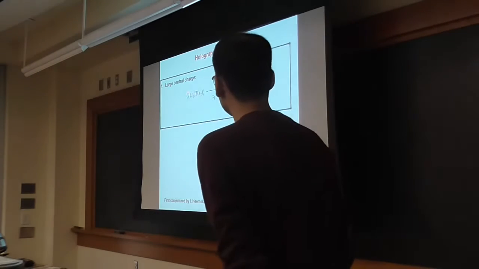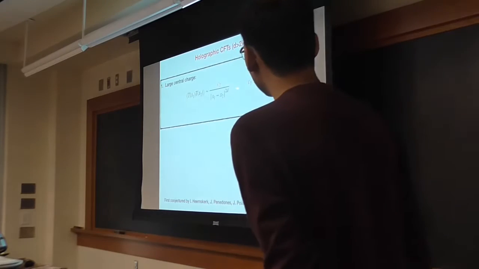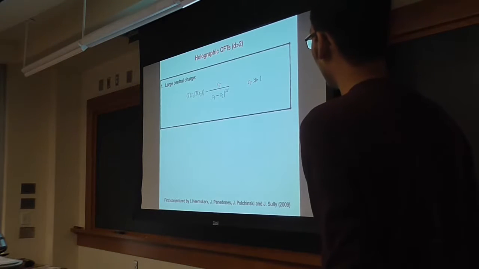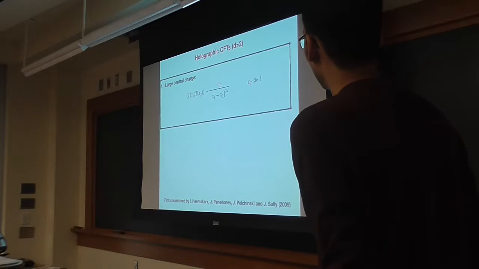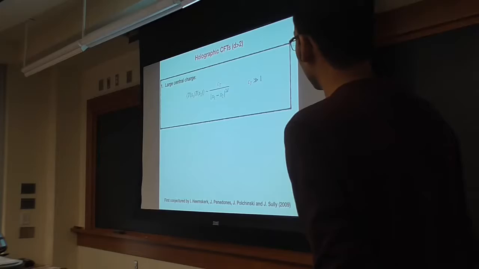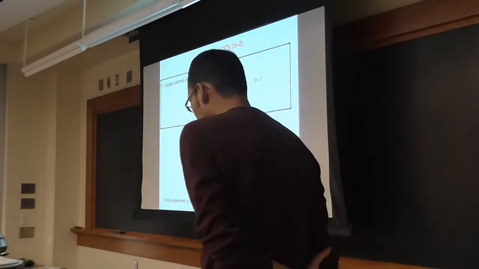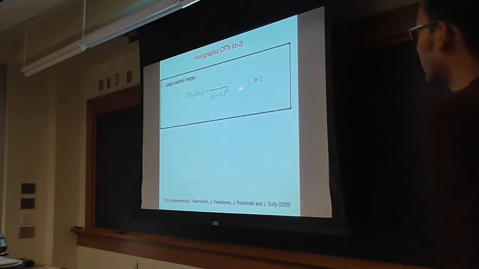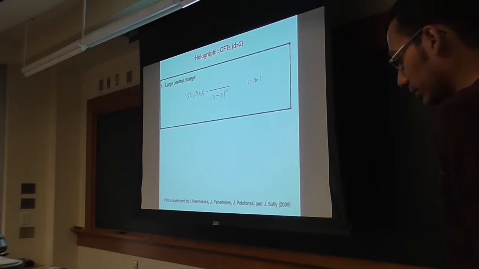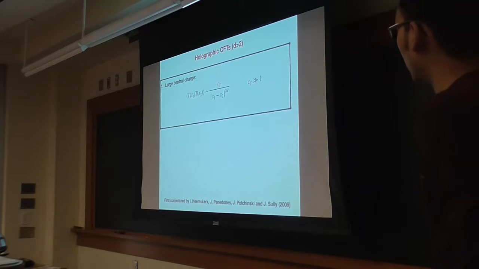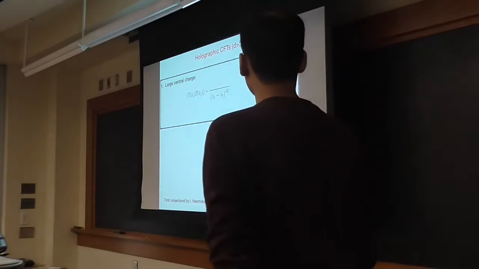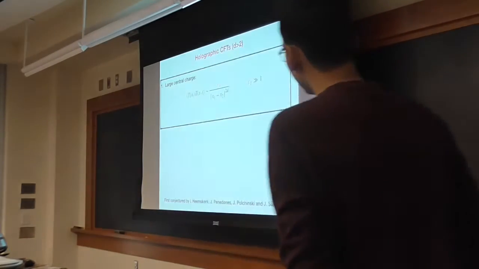First, if you write down the TT two-point function, again that's fixed by conformal invariance, there is some tensor structure over a scaling factor with some coefficient CT, which is the central charge. That central charge should be very large. So this is equivalent to the large N condition that people talk about in AdS/CFT.